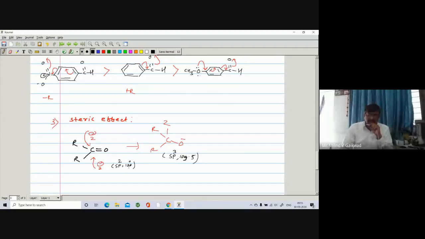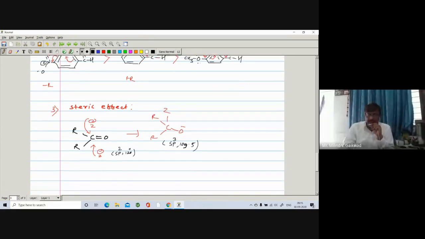Meaning the 120 will convert into 109. So there is a decrease in the internal bond angle. So how does it affect the reactivity? If there is more crowding, then there will be less reactivity, right?